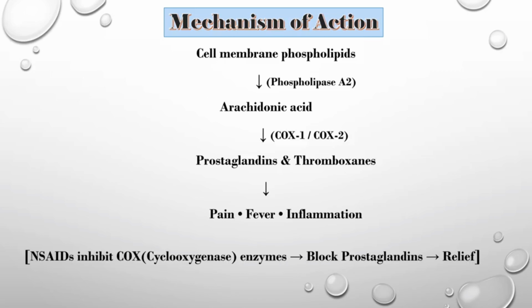This is converted by COX enzymes, that is cyclooxygenase, into prostaglandins and thromboxanes. Prostaglandins are responsible for pain, fever and inflammation. So when NSAIDs inhibit COX enzymes, they block prostaglandin formation and that gives relief.